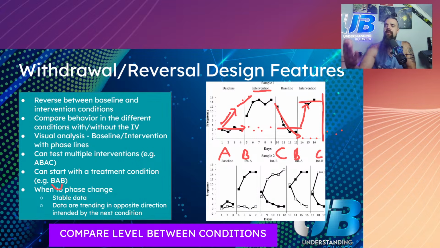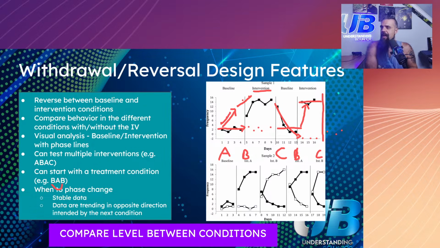If we're trying to do real science, remember we need to isolate a single independent variable, or a single explanation for a change in behavior. If we did it like this, we have two explanations, which really harms our experiment. But if it's trending in the opposite direction intended by the next phase, it doesn't harm our experiment at all, and we can still show really good experimental control.